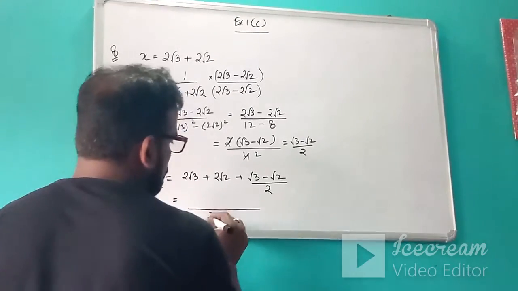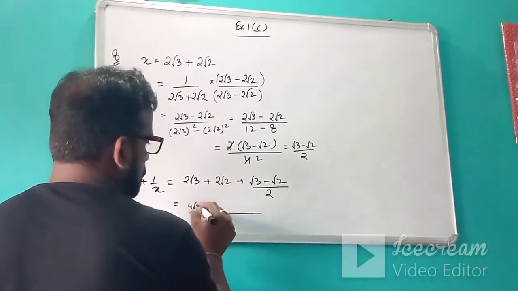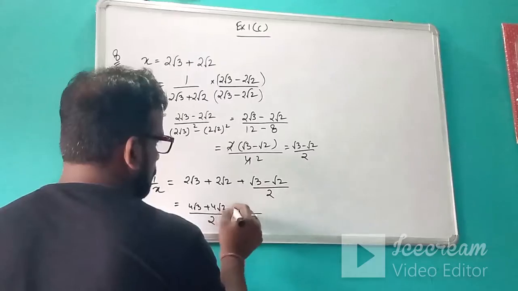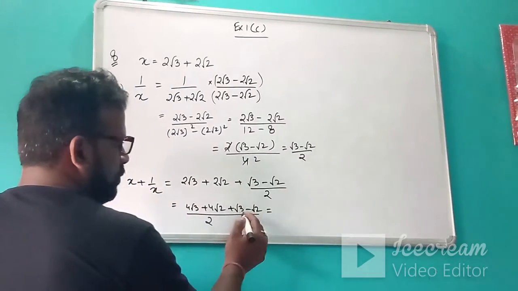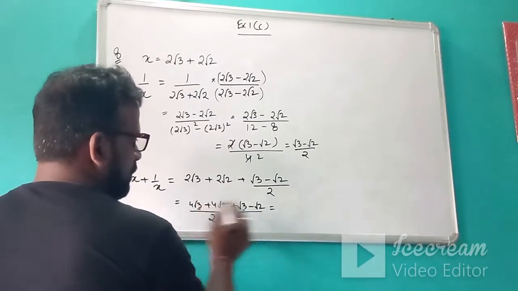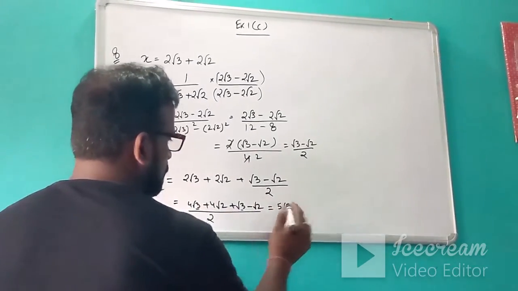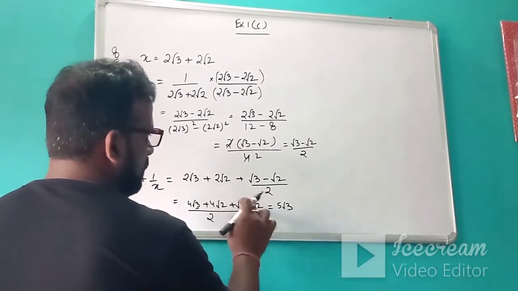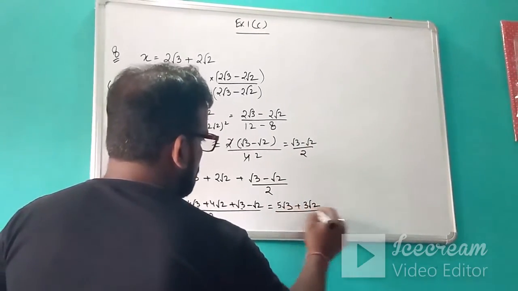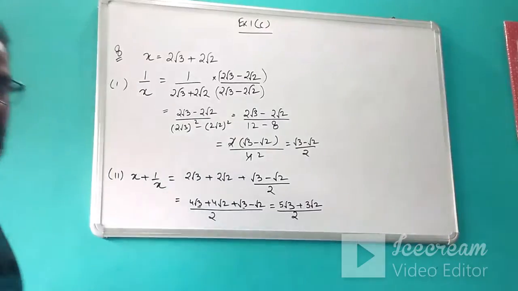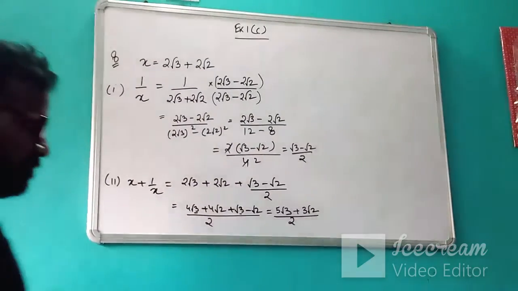LCM will be 2. 4 root 3, 4 root 2 plus root 3 minus root 2. So 4 root 3 plus root 3 becomes 5 root 3, and 4 root 2 minus root 2 becomes 3 root 2, upon 2. This will be x plus 1 upon x.